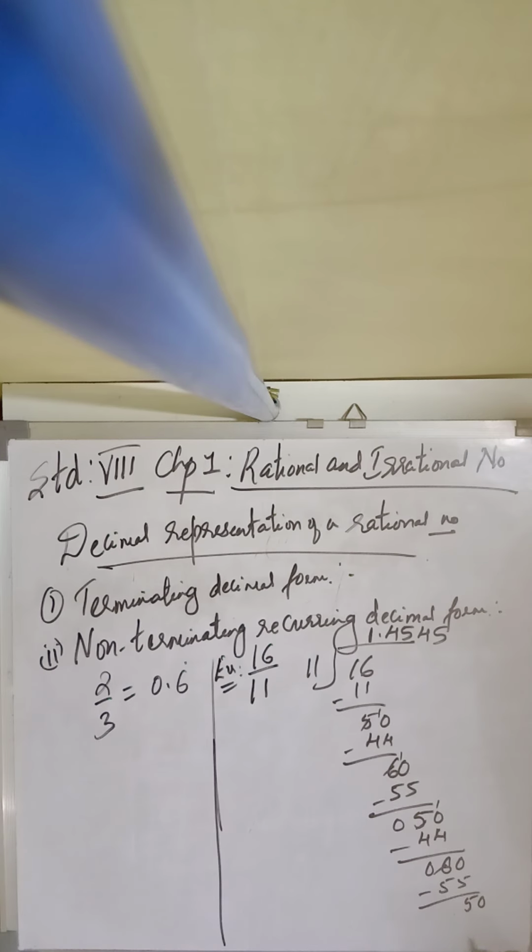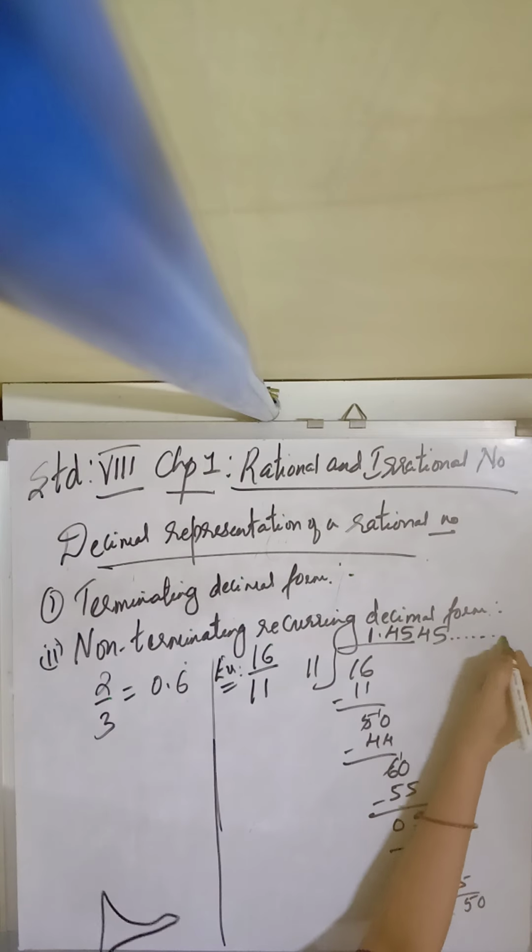Now you can see children 4 5 4 5, so two digits are recurring. Yes or no children?